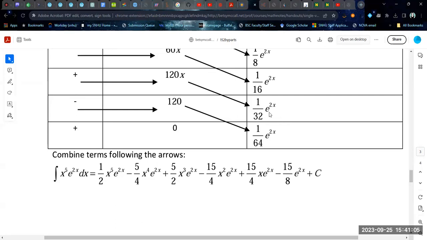And then here 120/32, again, you have an 8 that's going to cancel. And then 120/64, an 8's also going to cancel, but you're going to be left with 15/8. And then you just string together all of these plus, minus, plus, minus, plus, minus. And when you get to the last line, then you just tack on your plus C.